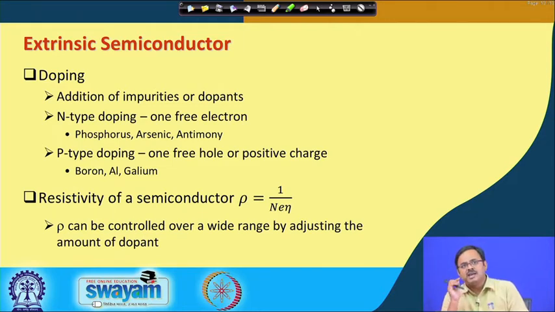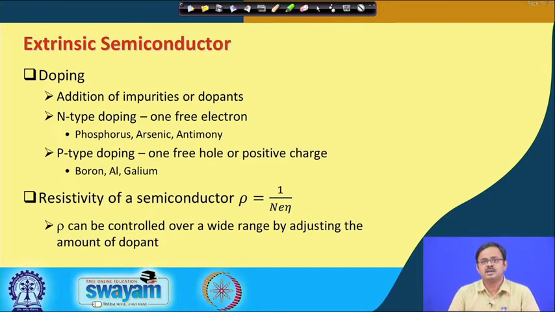What do they have? They have one free electron on the outer shell, which now becomes available for conducting electricity. It is N because electrons are negatively charged, and that is where the N-type doping name comes from. So, it is an N-type semiconductor, we say.